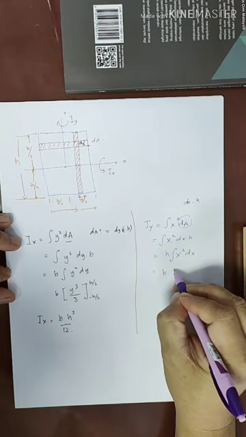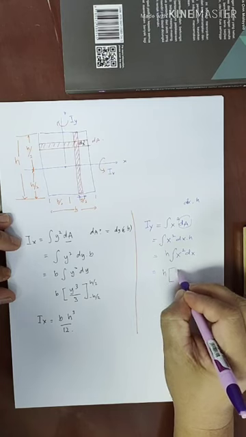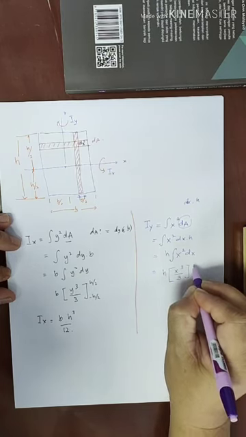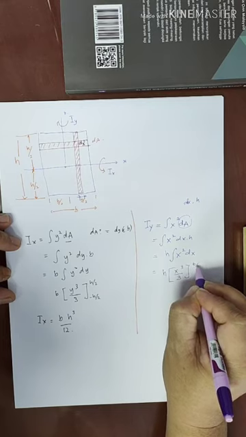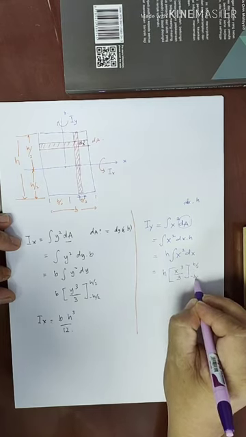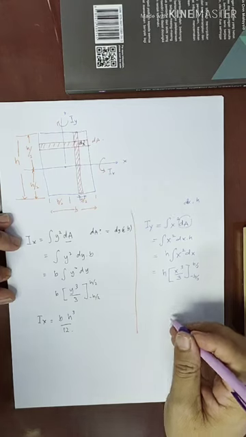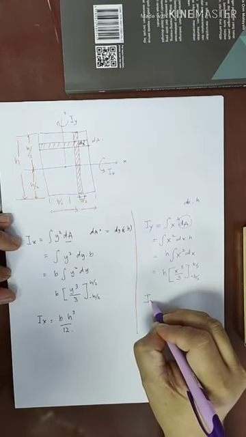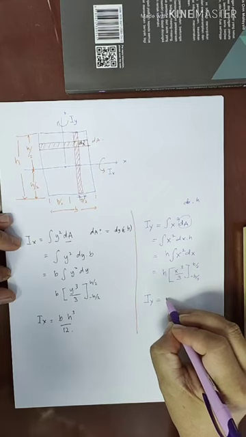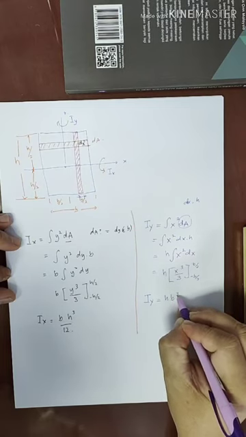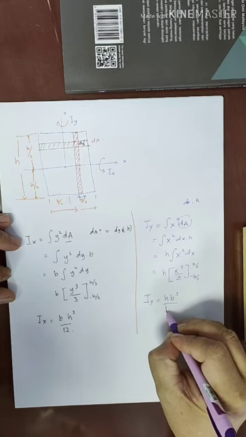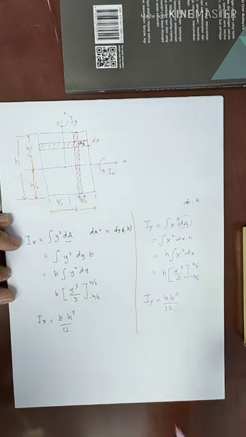So you have h x cubed over 3 from b over 2 to negative b over 2. So finally you have the Iy equivalent to h b cubed over 12.